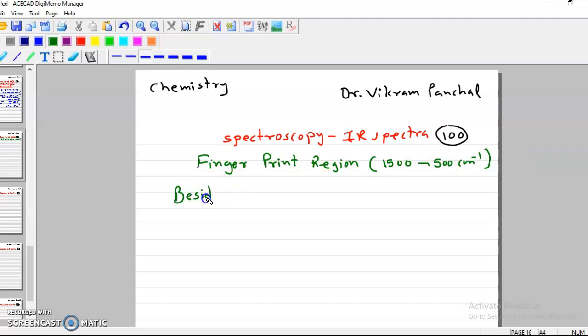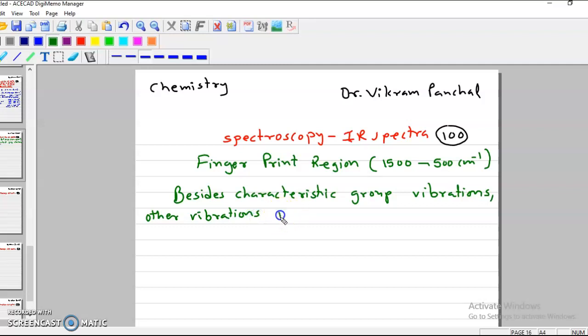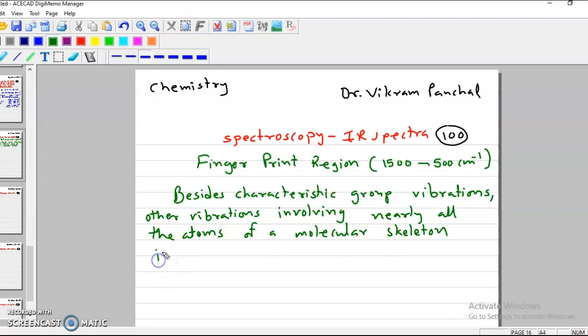Besides characteristic group vibrations, which are normally found between 4000 and 1500, other vibrations involving nearly all the atoms of a molecular skeleton are called skeletal vibrations.